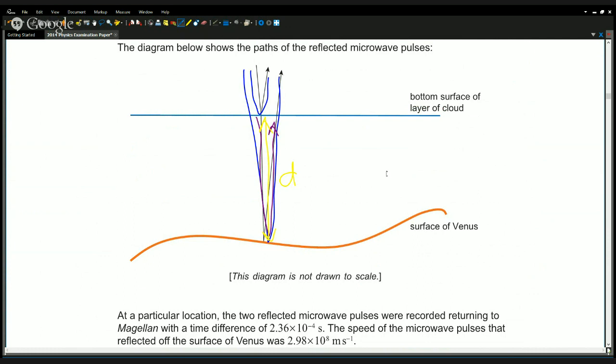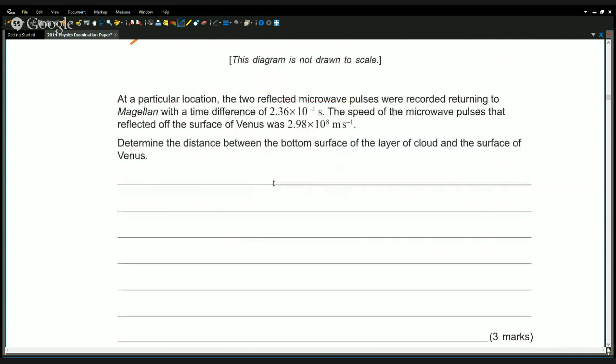The distance between the bottom surface of the cloud and the surface of Venus. Now, we're just going back to distance equals speed times time.